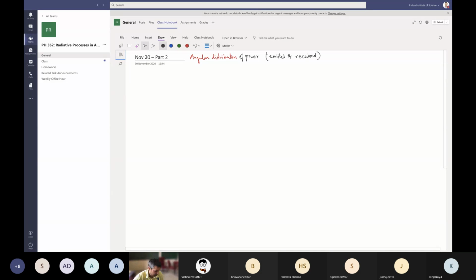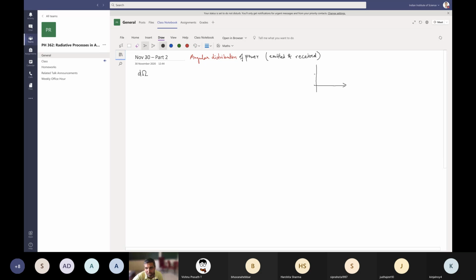Okay, so this is the setup. Let me actually draw. Right, so in this particular case, we have to worry about the transformation of the solid angle, right? Let me just draw, say, the particle rest frame.